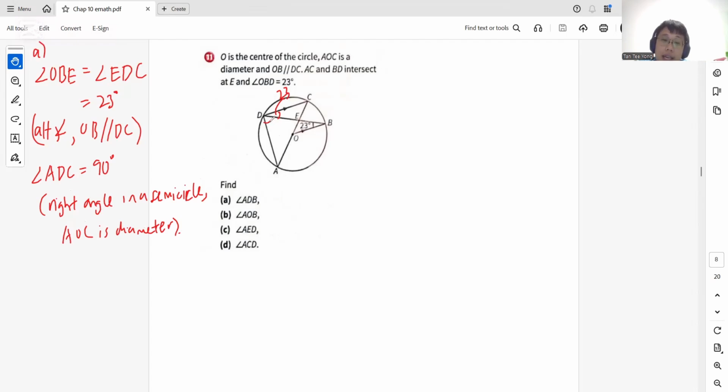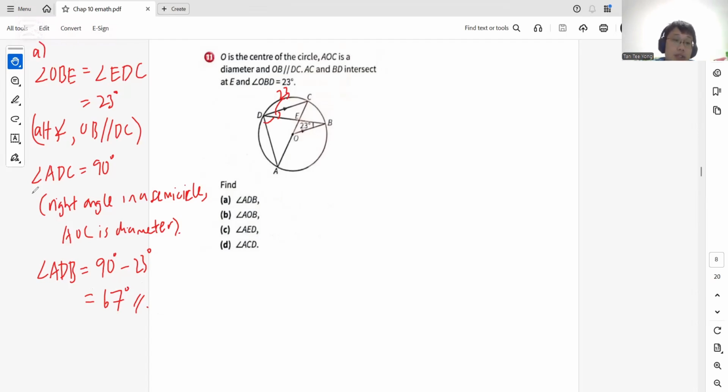All right, so this entire thing is 90. So how to find angle ADB? Very simple. It's just 90 degrees minus 23 degrees, and that will give me 67 degrees. So angle ADB is 67 degrees.